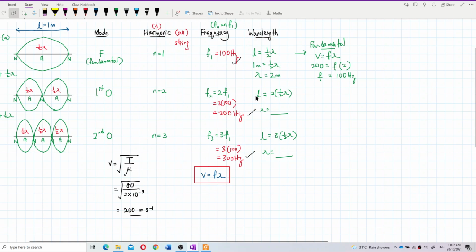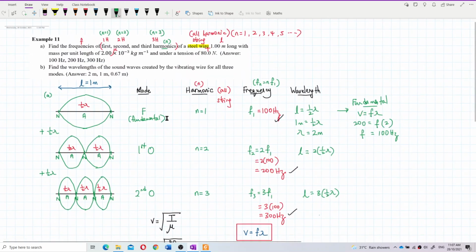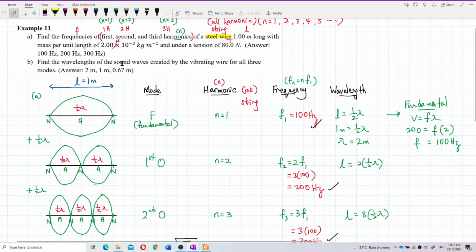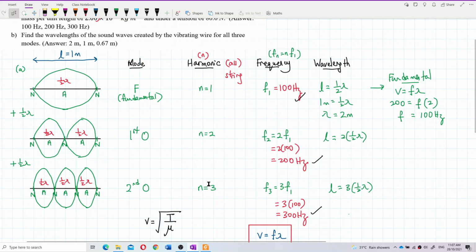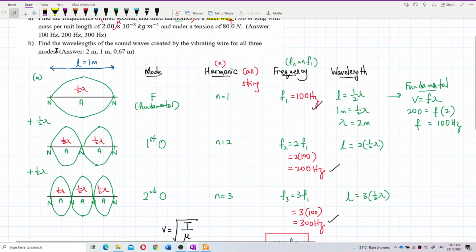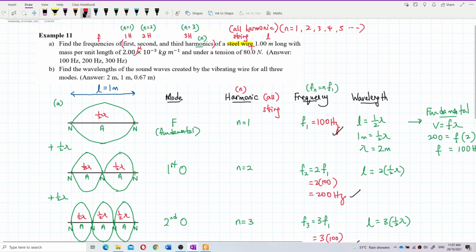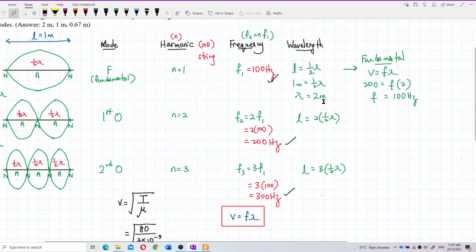Let's find out the wavelengths one by one, because the question asks to find the wavelengths of the sound wave created by the vibrating string for all 3 modes: first harmonic, second harmonic, and third harmonic.